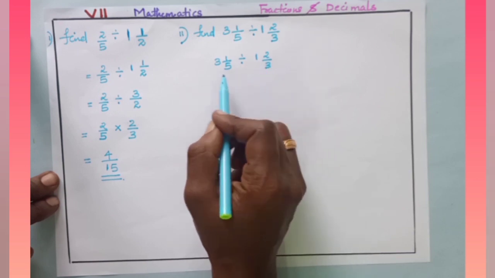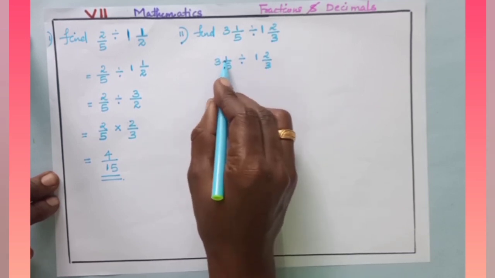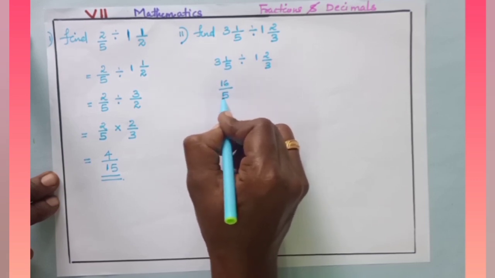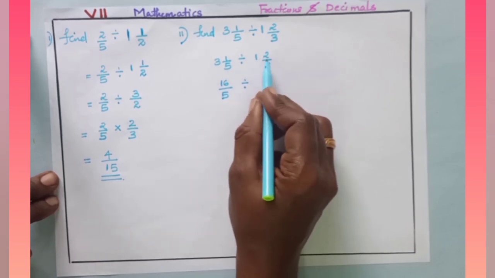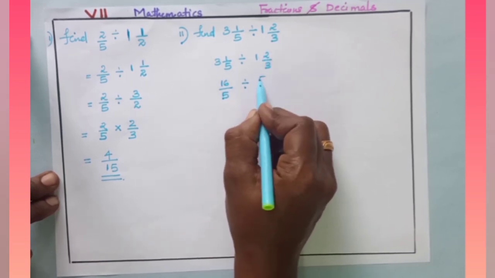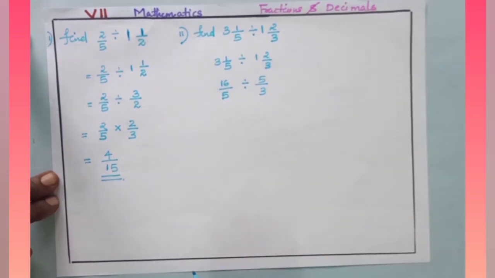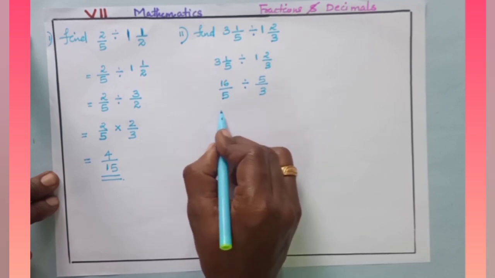So we first convert to improper fractions. 3 into 5, 15, plus 1, 16, by the same denominator 5, divided by 1 into 3, 3, plus 2, 5, by the same denominator 3.